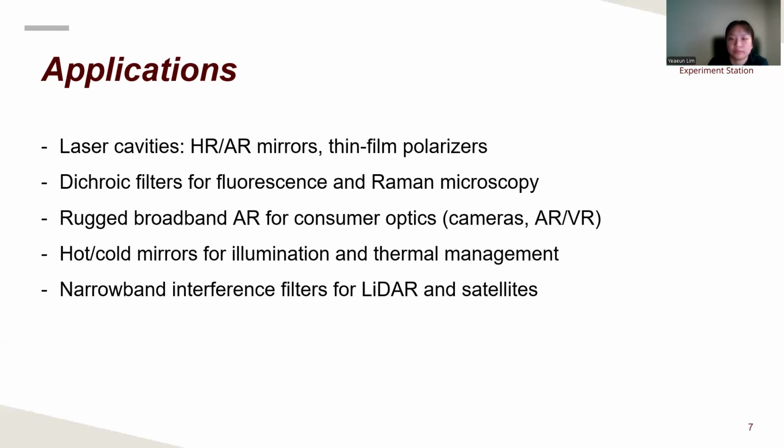Rugged broadband AR coatings are crucial for cameras, smartphone optics, and AR or VR headsets. Hot and cold mirror coatings control the balance between visible light and infrared for lighting and thermal management. Finally, narrowband interference filters are used in LiDAR and satellite sensing to pick out very specific wavelengths.